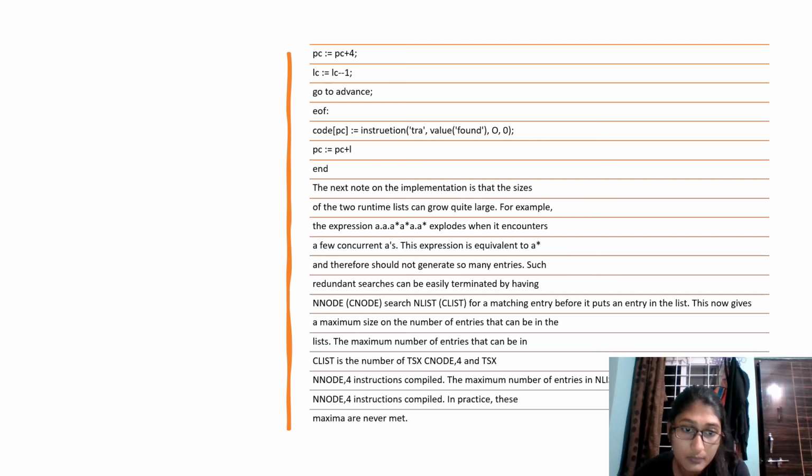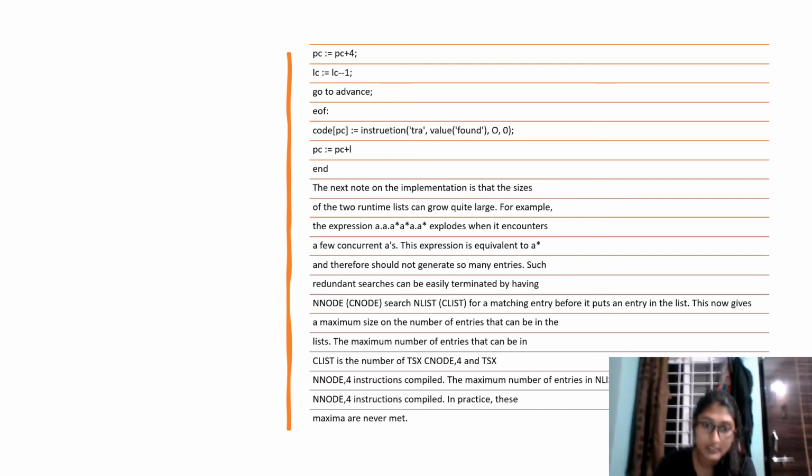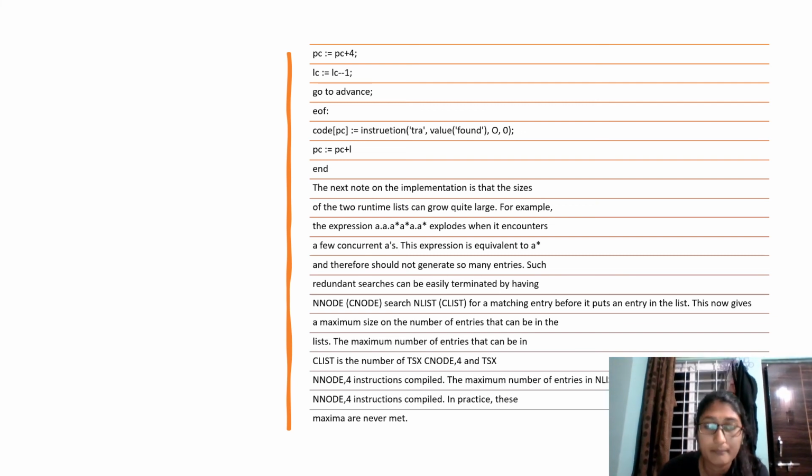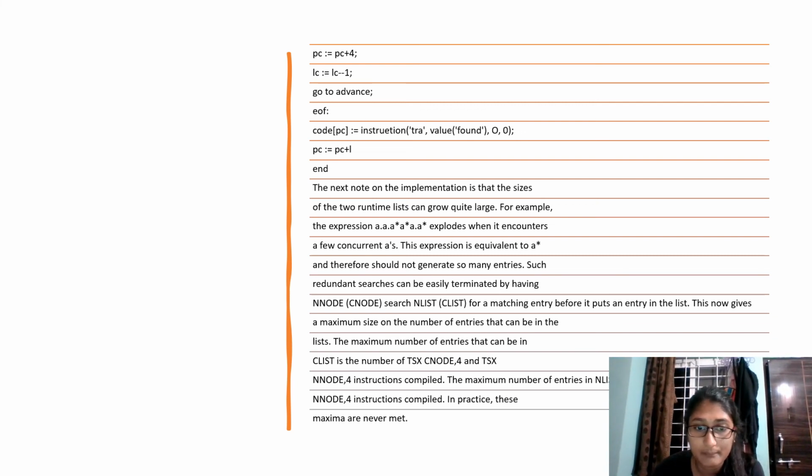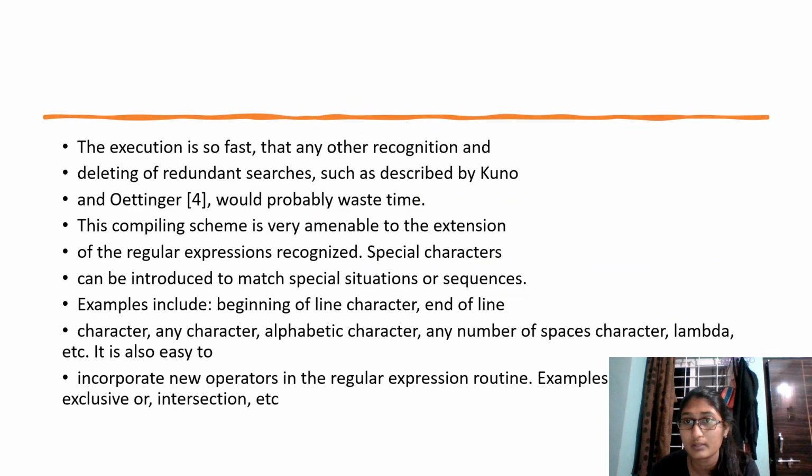The maximum number of entries that can be in C list is set by the TSX C node instruction compile. The maximum number for N list is set by the TSX N node instruction compile. In practice these maxima are never met. Other recognition, deleting, and redundant searches are described by Kano.